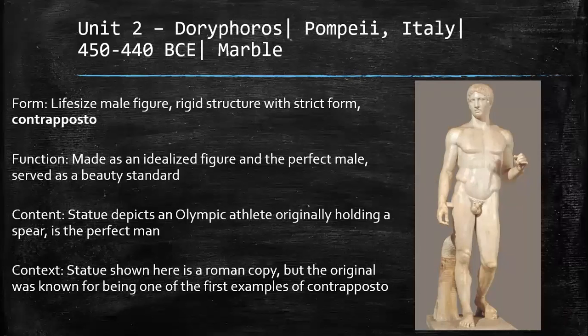He has abs, he has muscles, he has everything that you would want in a man, at least that was the standard back then. As a contrast to the scribe, he's very idealized. He was most likely placed in front of a gym as a way of saying, hey, this is the way you should look. So you can start to see how human form was made in idealized and non-idealized forms.